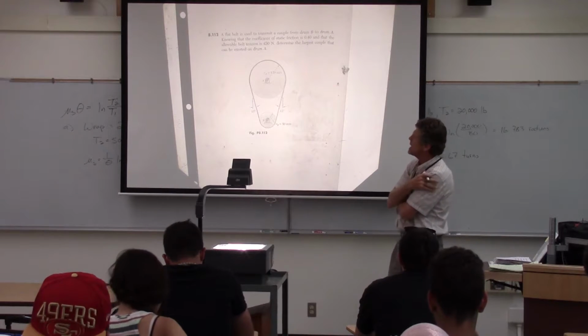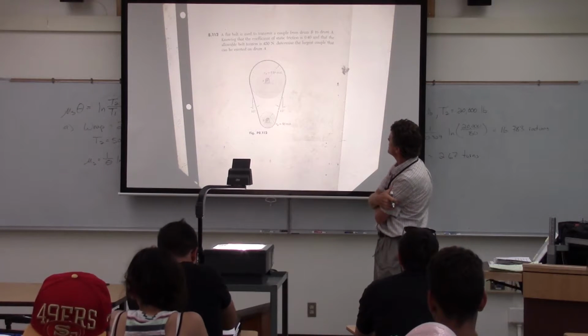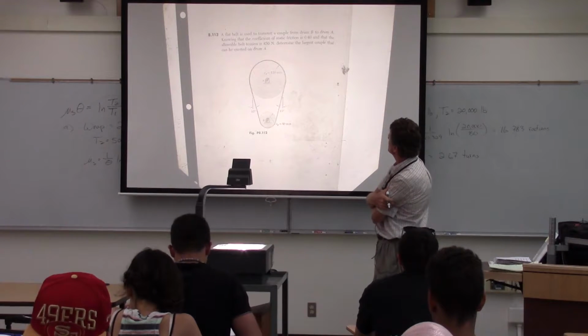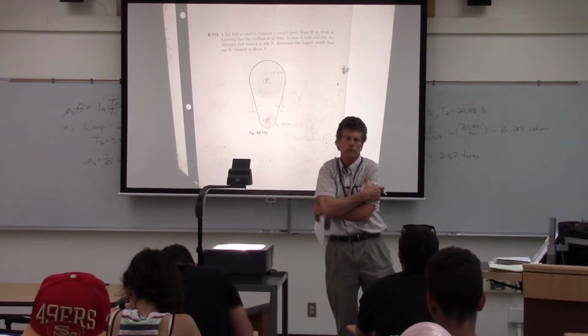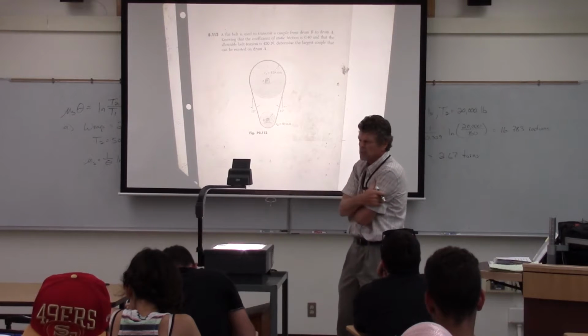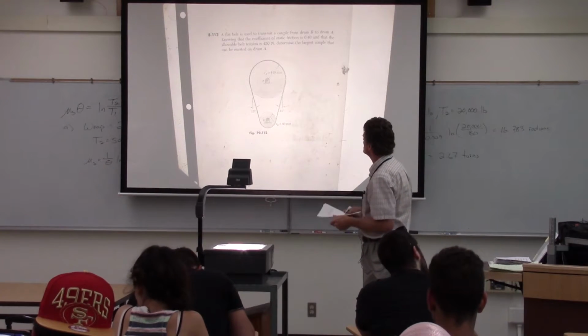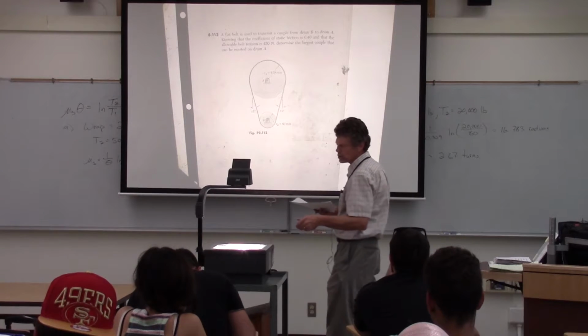If we go above that, we might break it, so we don't want to go there. Basically, what we want to figure out is the largest couple, the largest torque, that we can put on A, given the set of dimensions and radii there.